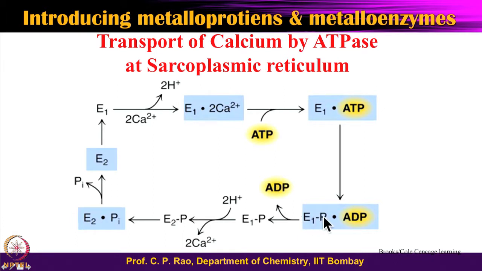So, that is what is called protein phosphorylation. So, E1P will convert to an E2 kind of structure, and during this it has an ability to release the calcium ions, because in presence of the H plus ions, this will release that one.